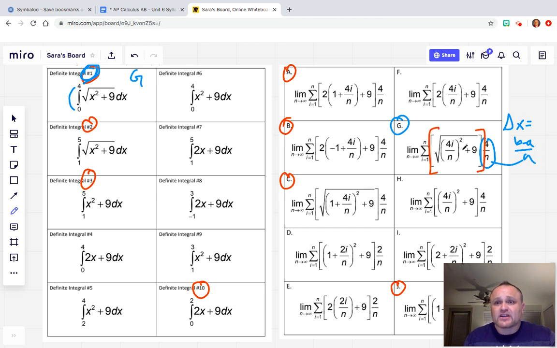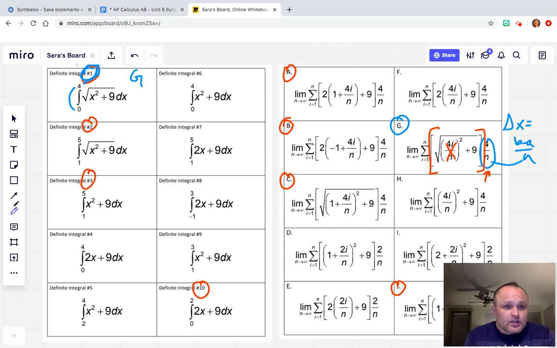Everywhere we see these i's, it's like each jump, if you will, like the jump we were saying over here, but this is like the stuff squared. So x squared plus 9 underneath the square root matches up with this one right here, and that's how G matches up with number 1.